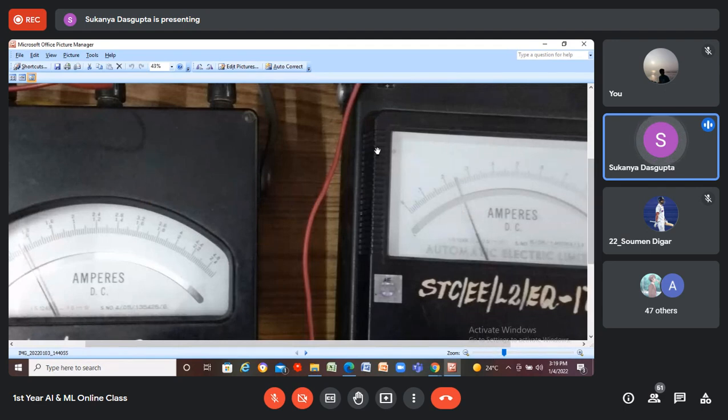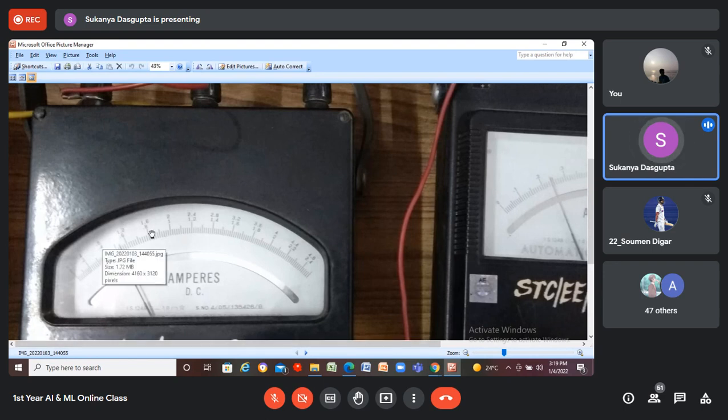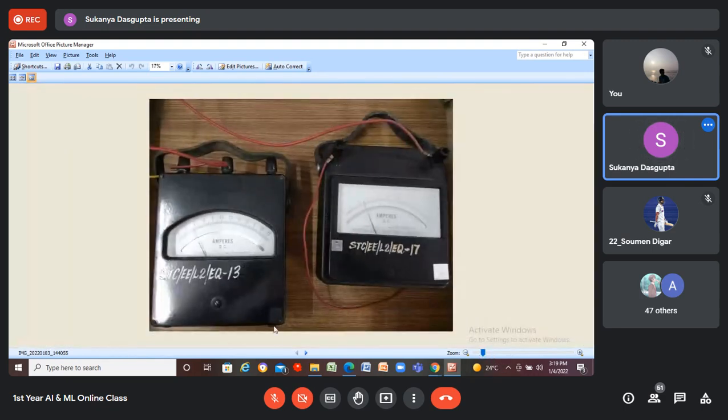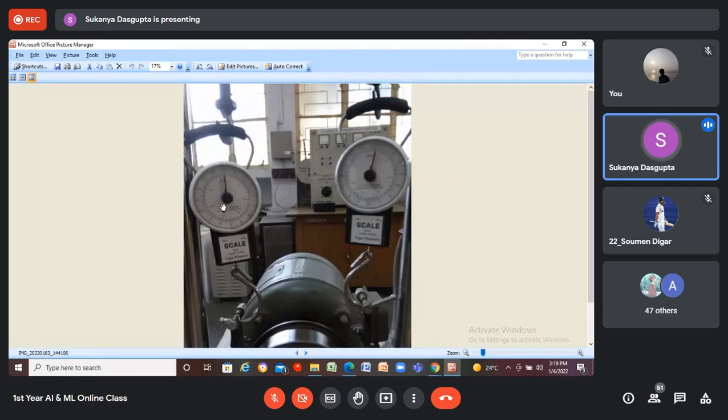So this is the ammeter which is measuring the field current. See, it is fixed at 0.25 ampere. And this is the instrument which is measuring the armature current, right? And at this situation, this is the load.